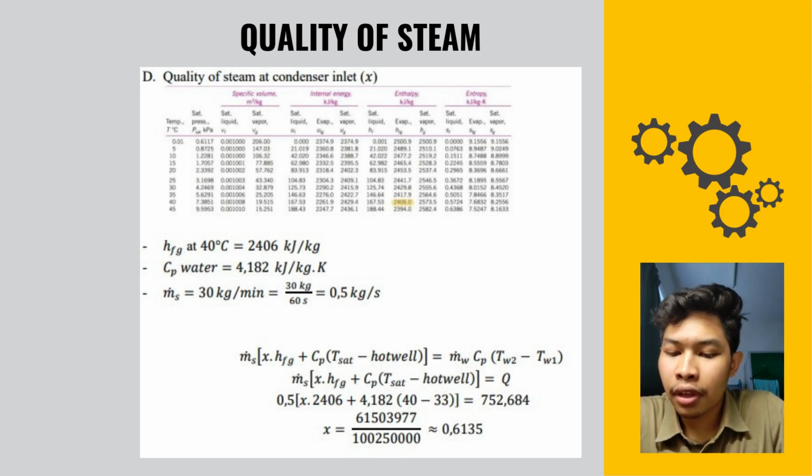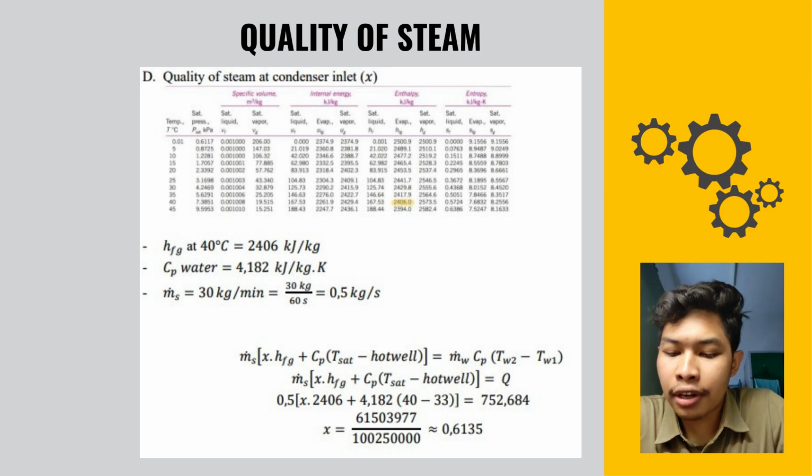Next, we input the values of H into the energy balance equation, like on the slide. On the right side, m.w times Cp times delta T is the heat transfer, which we get from question B. On the left side, we know each variable except X.